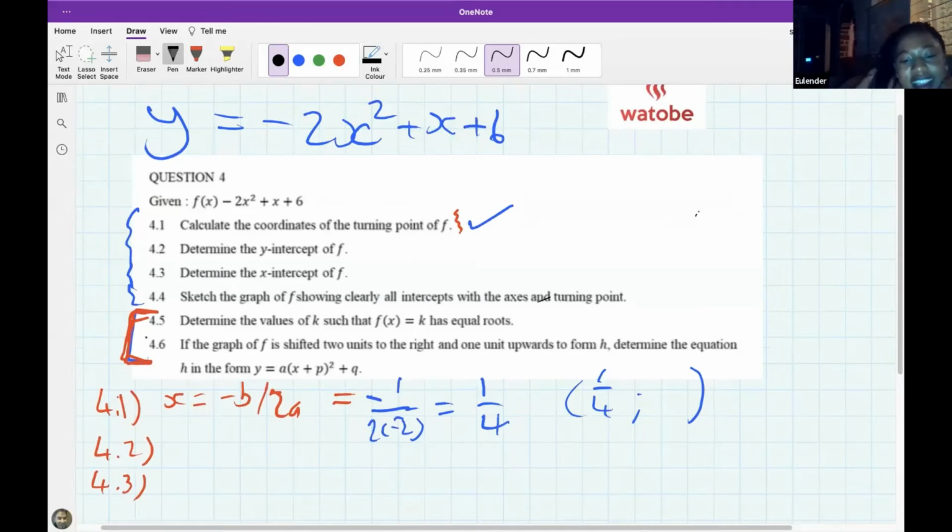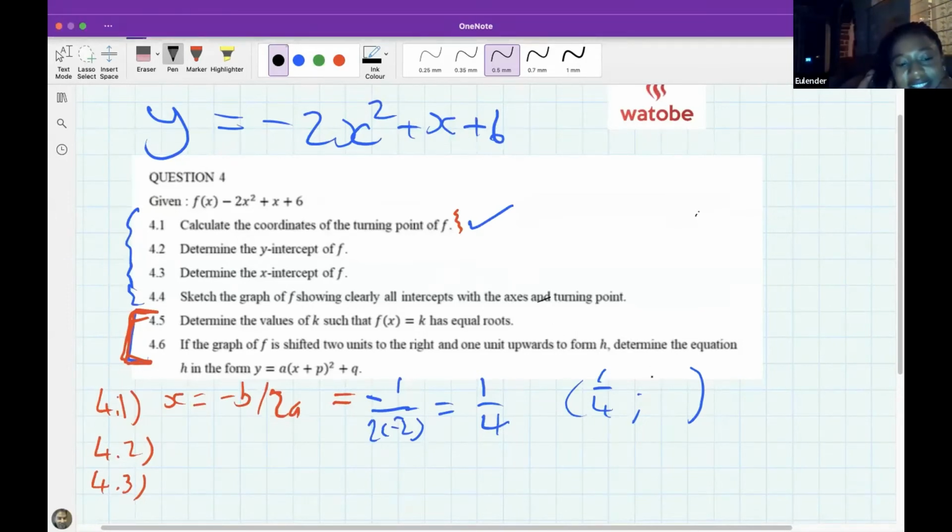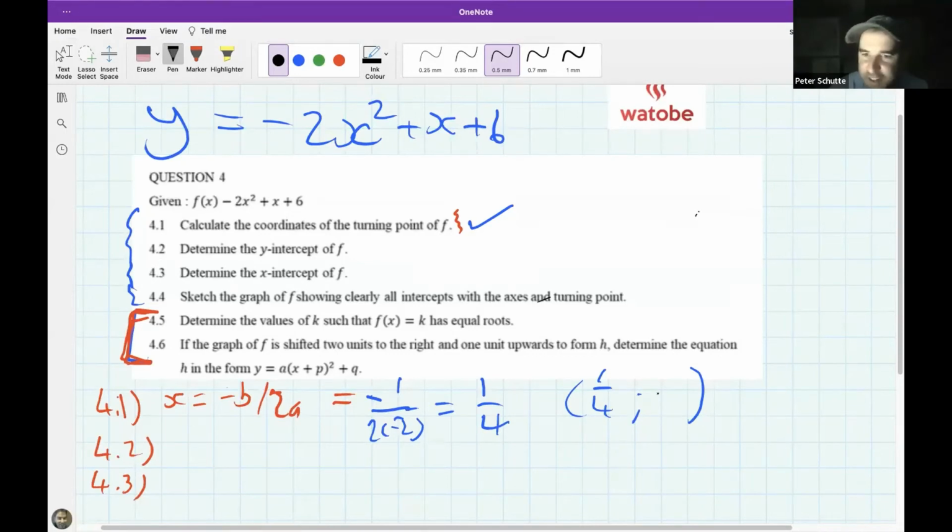So, okay guys, what we were talking about is this y-intercept. We get 49 over 8. So basically that's our turning point. What about the x-intercepts?